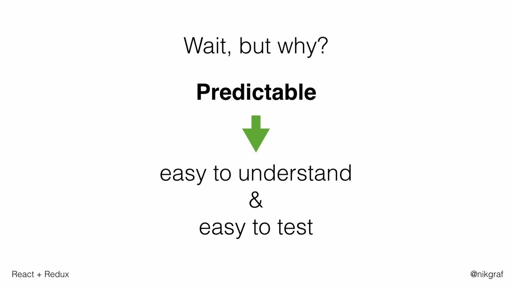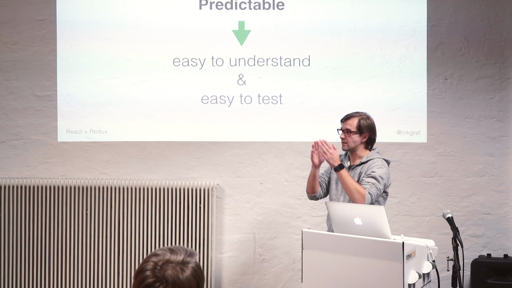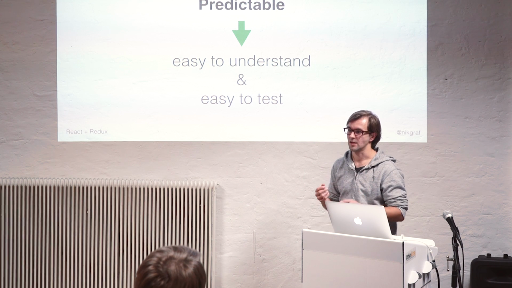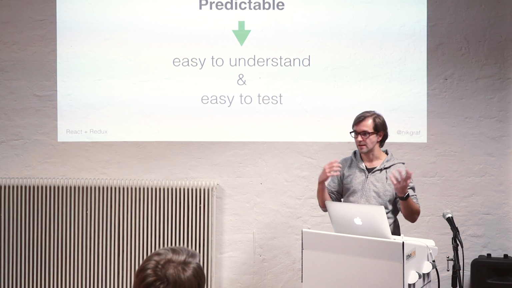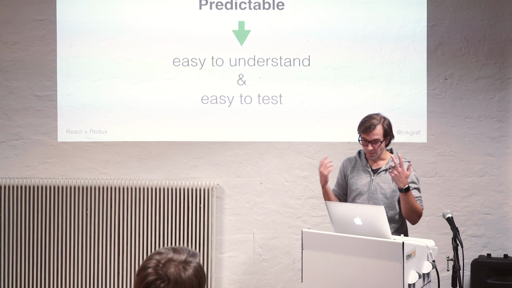Because it makes our code predictable. And predictable means it's easy to understand. You can look at a component and analyze, okay, these are the inputs, and then you know exactly what the expected output is going to be. There's no global state interfering and messing up your brain.